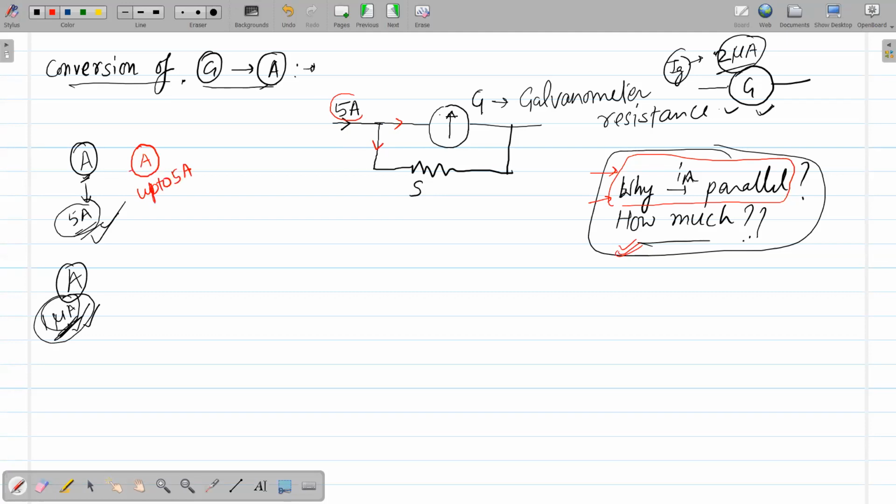That means we want to produce some kind of electric current measuring device which can have a current range up to 5 ampere, meaning the maximum current is 5 ampere, right? And below 5 ampere current will be easily measured and the maximum is 5 ampere.